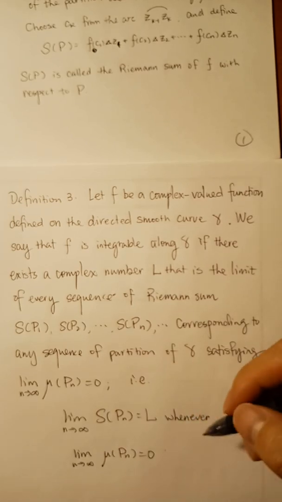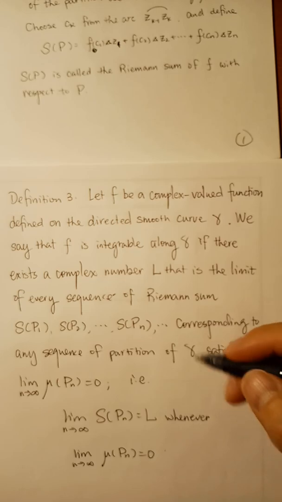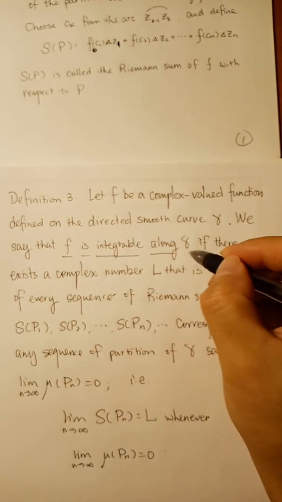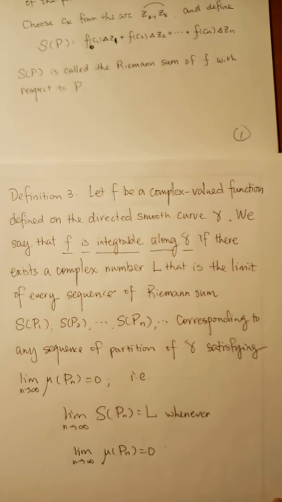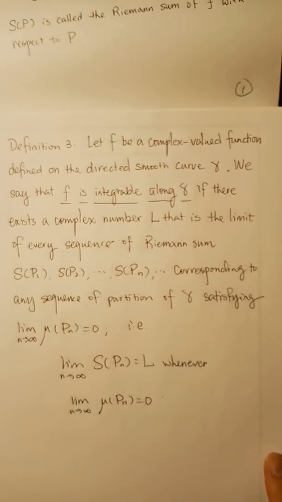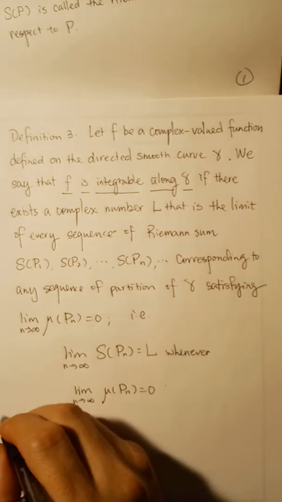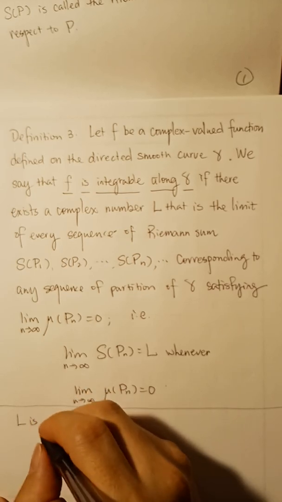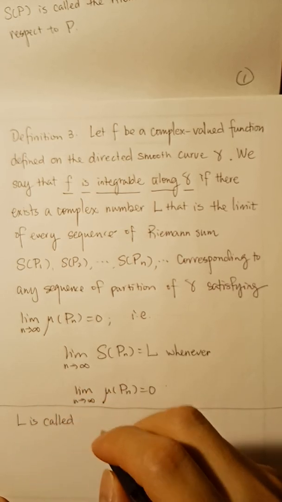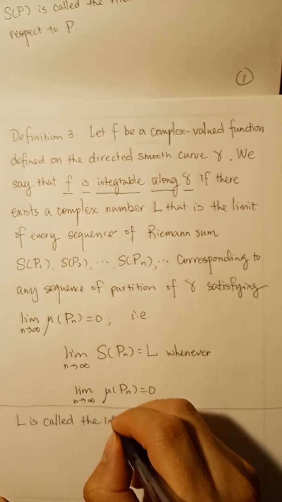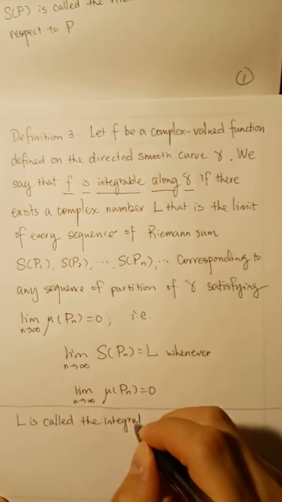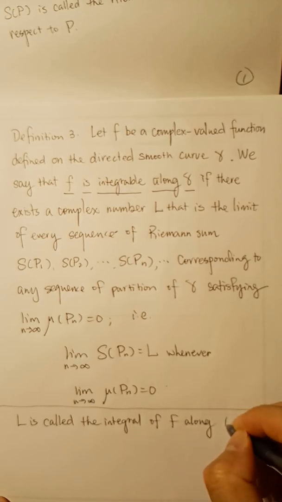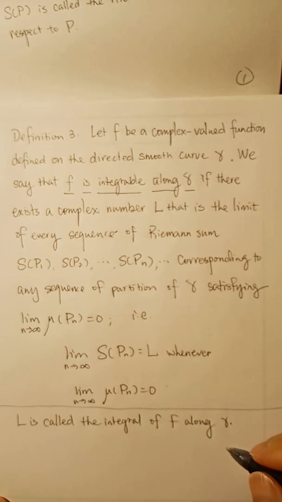Okay, so this is the definition of an integrable function. f is integrable along gamma whenever such L exists. And this is the complete definition. L is called the integral of f along gamma.